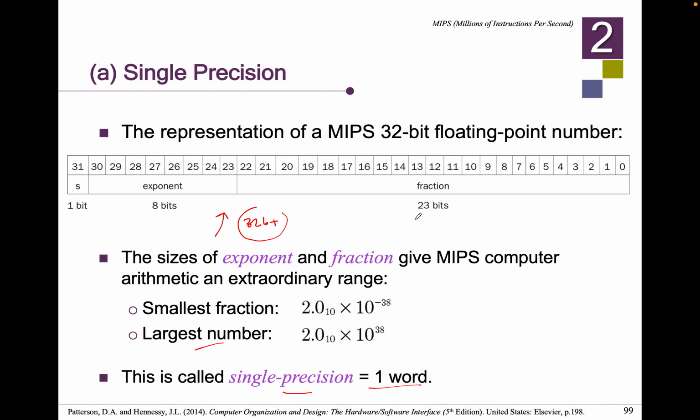If you still remember, we have bit, we also have byte, and we have word, and yes, I remember now, it is nibbles. So we have bits, we have nibbles, we have bytes. For our 32 bits, it's referred to as single precision or one word.